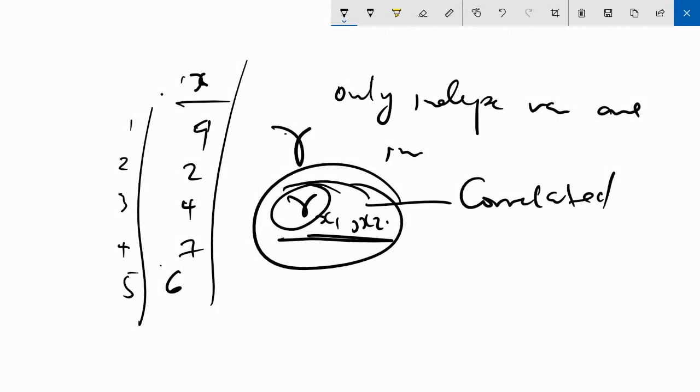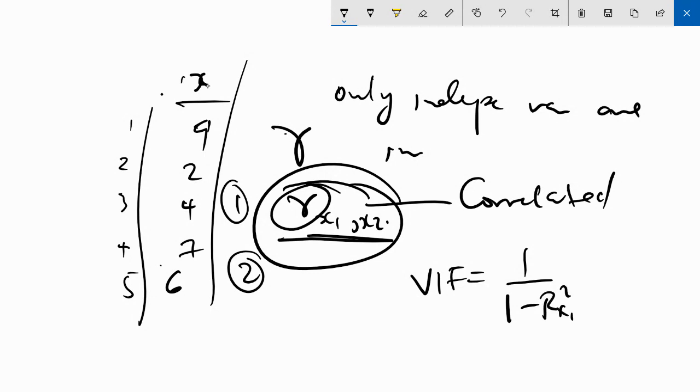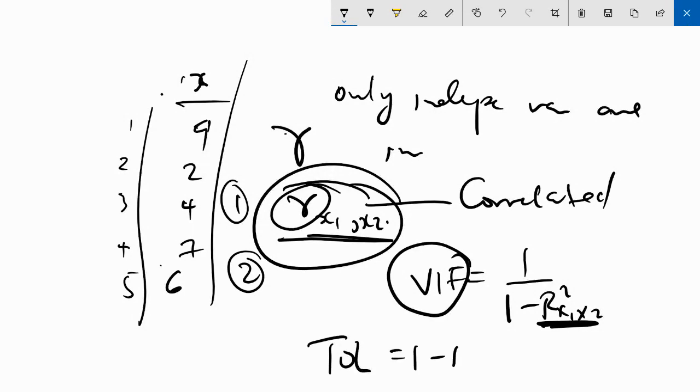You didn't see the definition from the study guide, but you remember that like I said, we have three methods to do that. But how do we get to the VIF? 1 divided by 1 minus r squared of x1, x2. How do we get to finding the VIF or the tolerance? We use the independent variables.